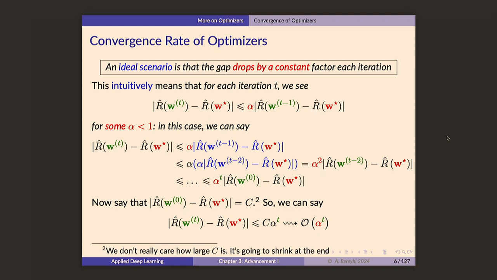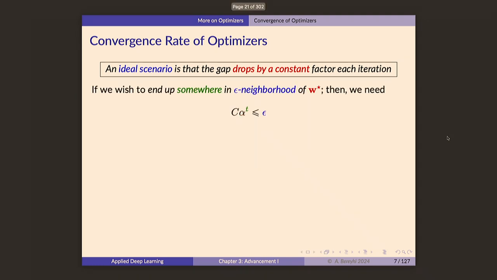And I don't care about the constant. The order of drop is alpha to power t. Clear? You got the idea? If in each iteration I drop my optimality gap by a factor alpha smaller than 1, then after t iterations I have dropped it by alpha to power t. Obvious.